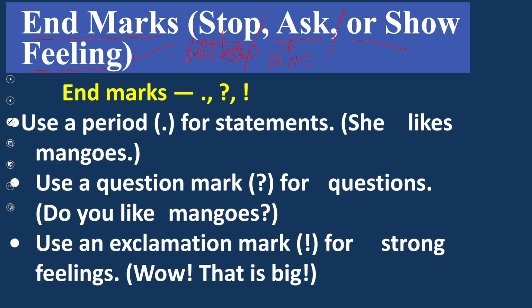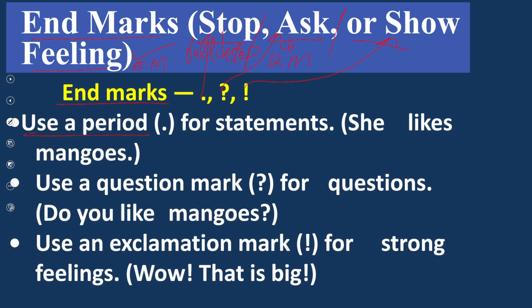To show feelings, we use an exclamation mark. So these three marks are called end marks or end punctuation marks. First of all, this is stop, it means full stop. This is a question mark for asking a question, and the sign of exclamation to show feelings.